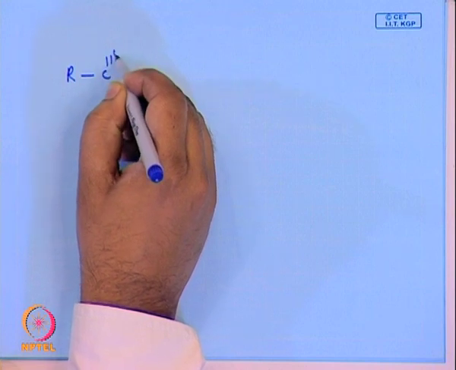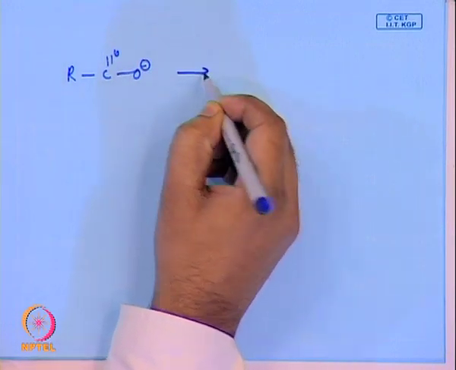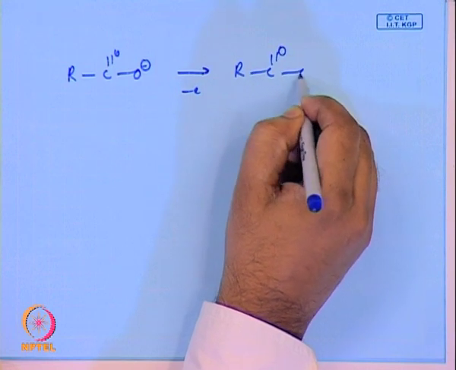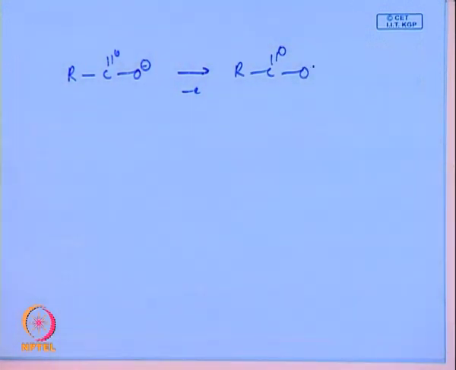So, for example, if I write this, it can give up an electron in the anode and can produce a radical in an electrolysis. If you want to do an electrochemical radical polymerization, you can use this technique to start the polymerization.